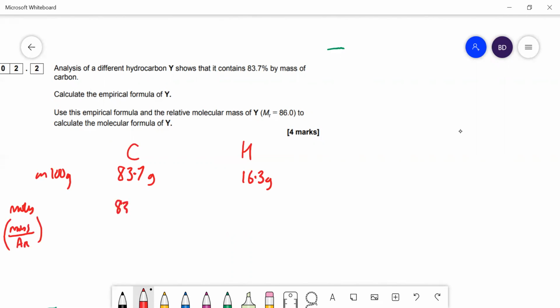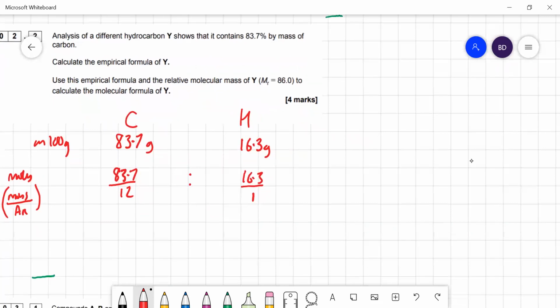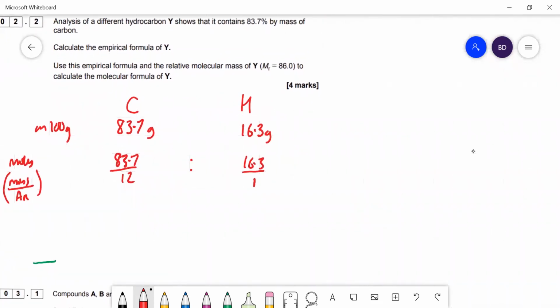So that's 83.7 over 12 and 16.3 over 1. That's our molar ratio. That works out to be 6.975 and 16.3. Simplify our ratio by dividing by the smallest number, which is 6.975. So we've got 6.975 over 6.975.